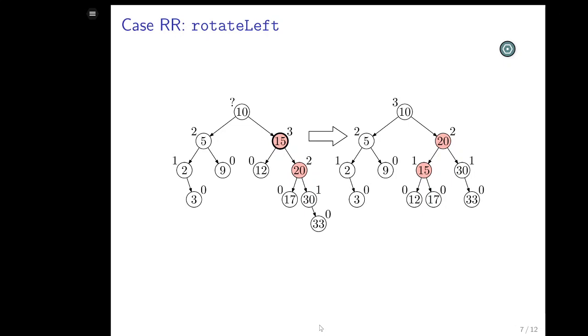So we take our imbalanced tree and we perform this rotation to reassign the children of the subtree that's currently rooted at 15, so that the subtree becomes more balanced. It's restored to its balanced condition, and we do that basically by pointer manipulation. We reassign a bunch of pointers so that we get this new tree.